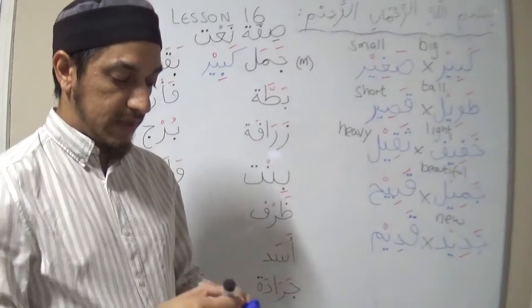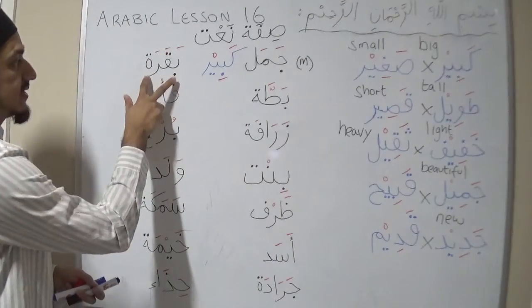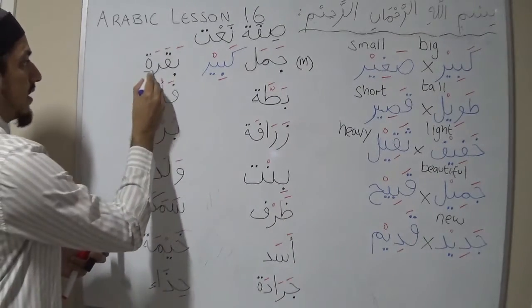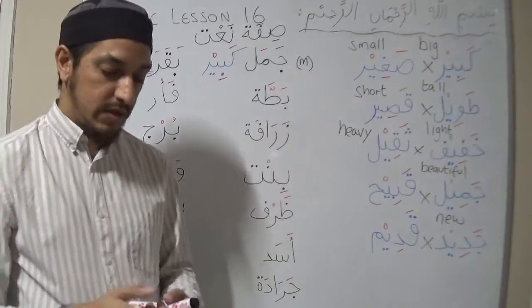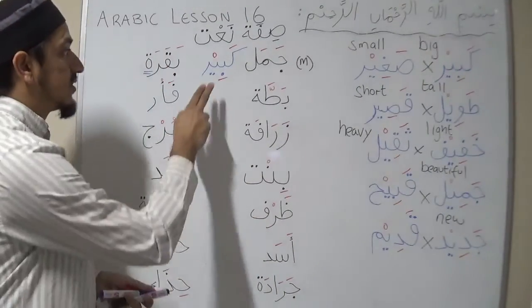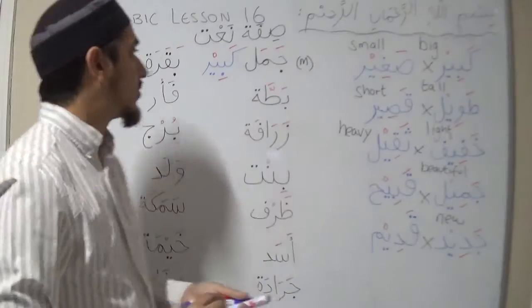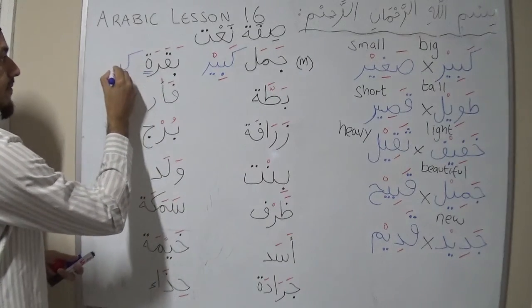If we wanted to make it a feminine form, that's the second example, baqara. So baqara, you can see we have the ta marbuta, and the ta marbuta is telling us that it's a feminine word. So because it's a feminine word, we're going to use kabir, but also with a ta marbuta. So here we go, baqara kabira.